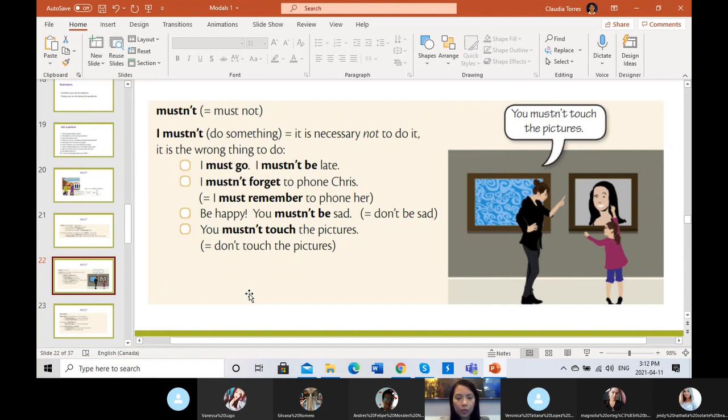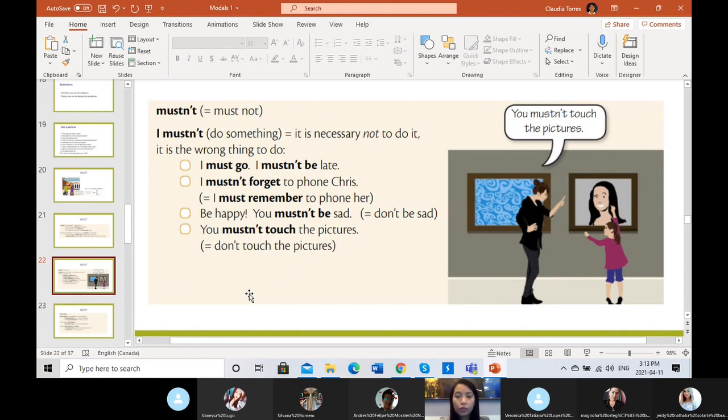Or let's say a teenager who is 15 years old, you can say to that teenager, you mustn't drink alcohol, right? Because you're talking about rules.